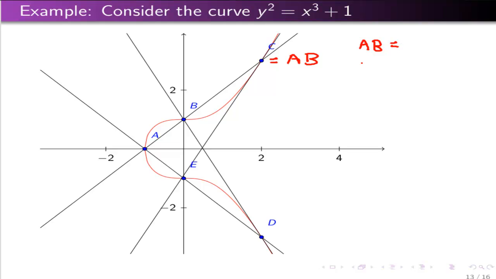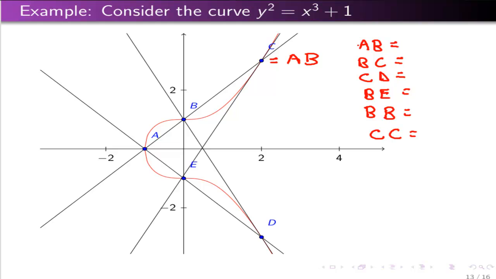Find AB, find BC, let's find CD, find BE, or BB. All right, just try to look at a few examples like this, or how about CC?